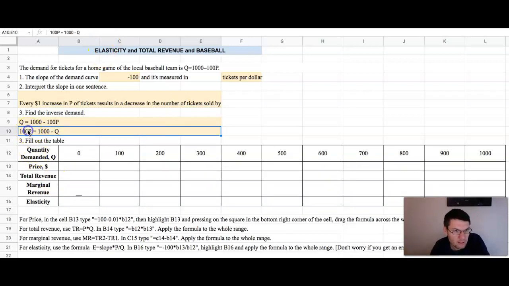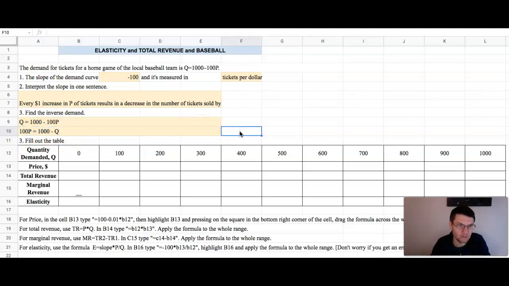So price is going to equal 1000 minus the quantity divided by 100. So price equals 1000 divided by 100, which is 10. And the coefficient in front of quantity is 1. So 1 divided by 100 is 0.01 times the quantity.